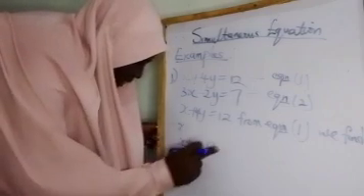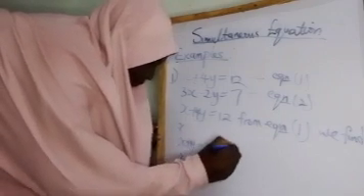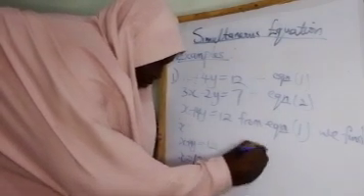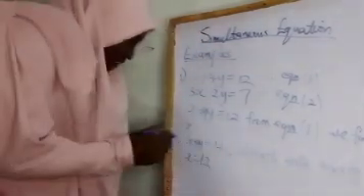We bring this 4y, that is, we subtract both sides by 4y. So we subtract both sides by 4y. By doing that, we have our x.